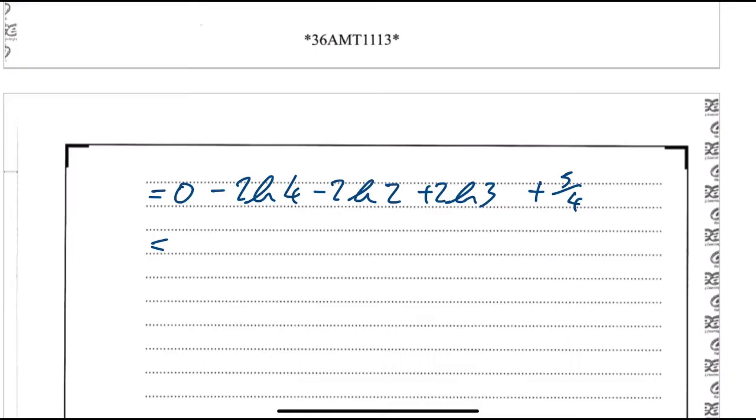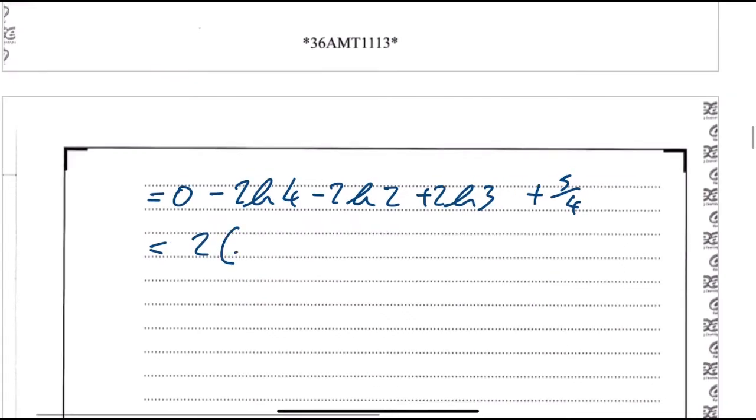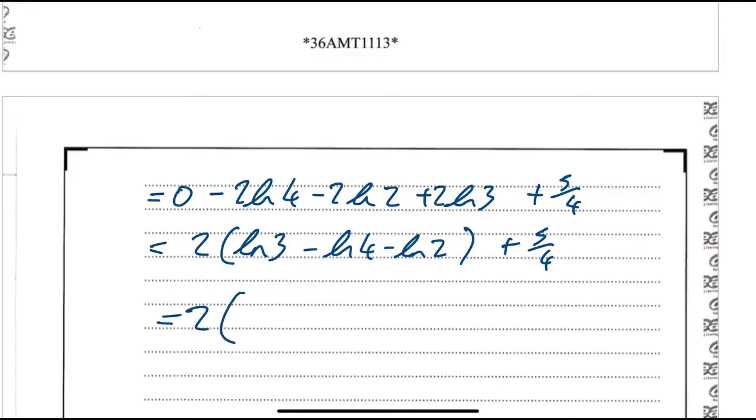Okay, and then when we tidy it up, right, I made a real mess of that, so I'm just going to do this. Take a 2 outside a bracket, and then you've got positive ln 3, then it was minus ln 4 and minus ln 2, and then plus your 5 over 4, and then sorting out all your lns here.